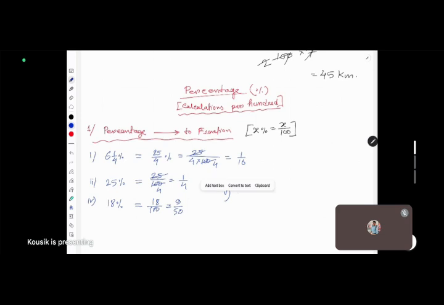The last one, 33 whole 1 by 3% is equal to কত হবে বলো?